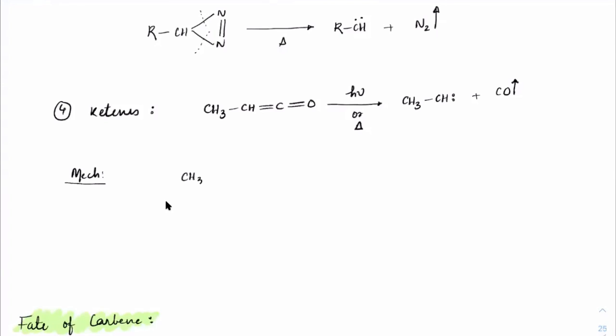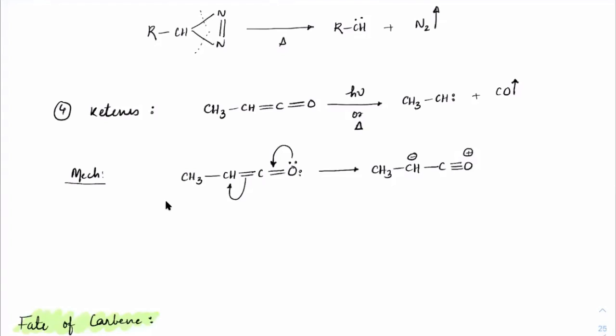Basically, we have CH3, CH double bond CO. On heating, the lone pair present on oxygen would immediately try to close it as a triple bond, and minus charge would come on here. So we'll have CH3, CH minus with C triple bond O plus.